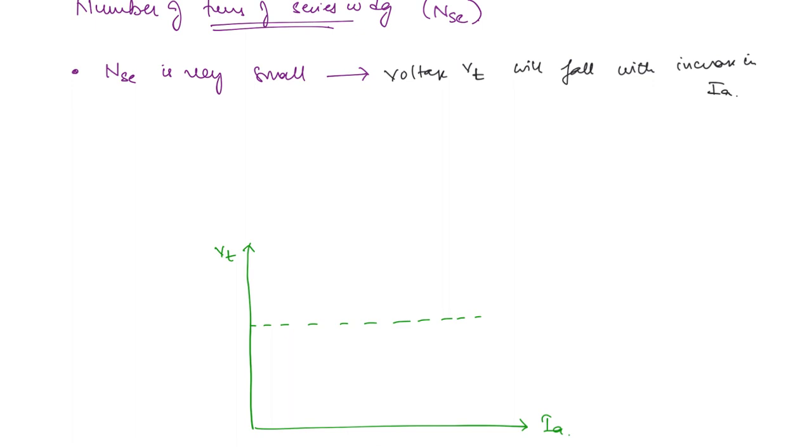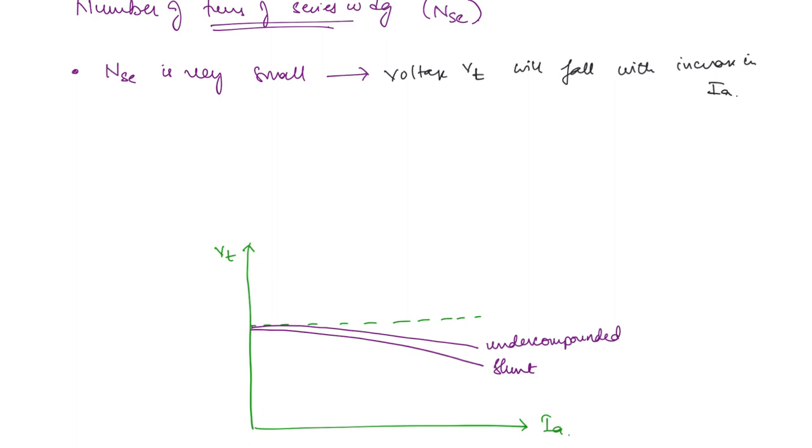Okay. From here it is going to keep falling. So this is the external characteristic when the number of series turns is very less. And if it is a shunt generator, the fall will be even more. So this is shunt. And this is called the undercompounded generator. You will understand a little later why it is called undercompounded.